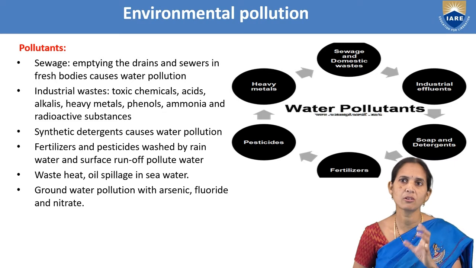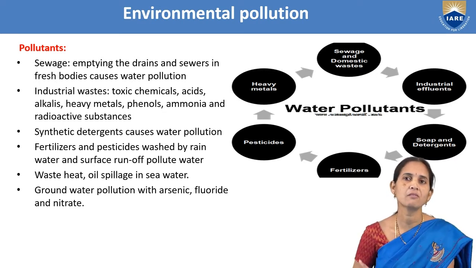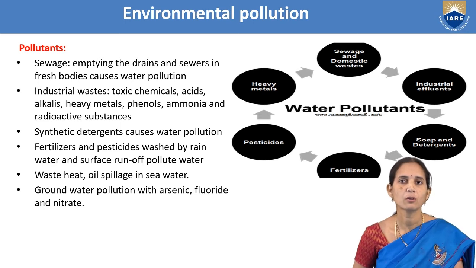All these toxic chemicals from the industrial waste are entering into the water. And synthetic detergents cause water pollution. Fertilizers and pesticides washed by rainwater and surface runoff, and waste heat. When an oil spill takes place in seawater, the seawater is polluted.